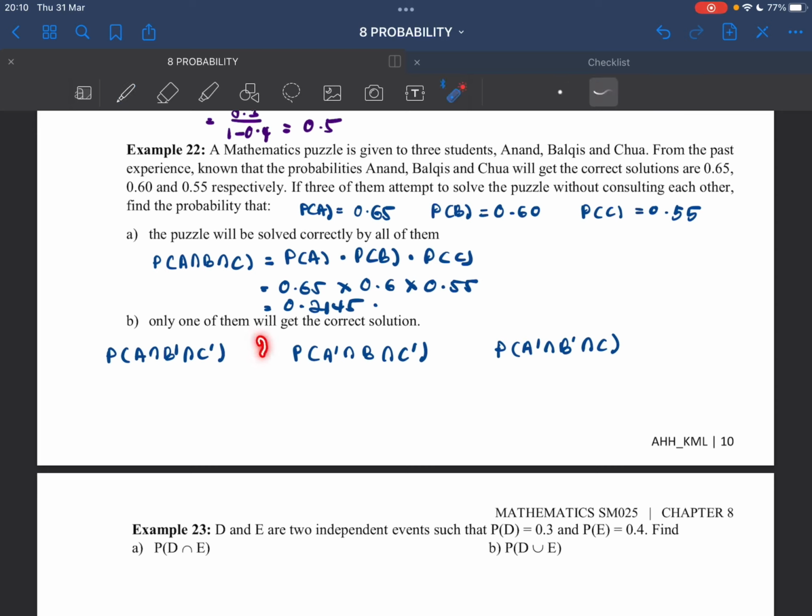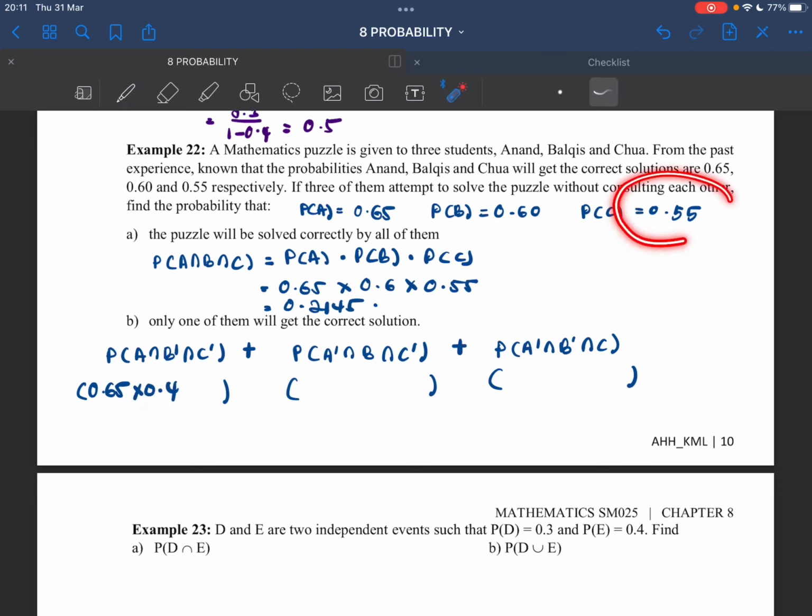So how are we going to do this? Is this multiply or plus? It will be plus, because the question said one of them, so either Anand or Balkis or Chua. Because these are all independent events, you are going to multiply every probability that you have. 0.65, then B prime is 0.4, because P(B) is 0.6, so P(B prime) is 0.4.